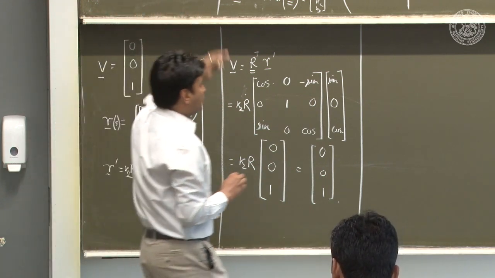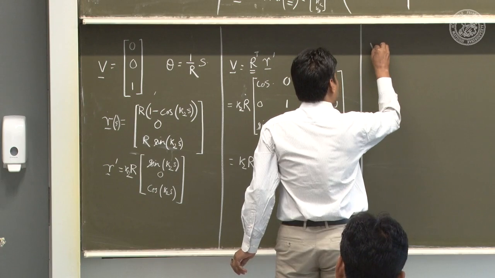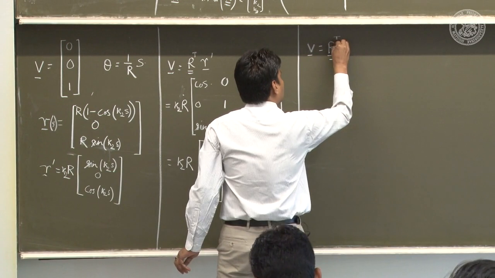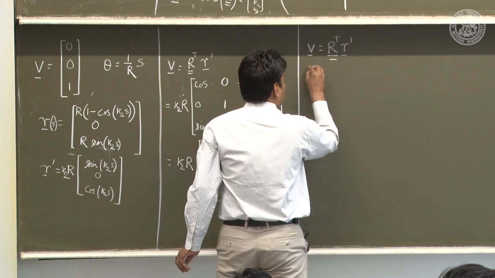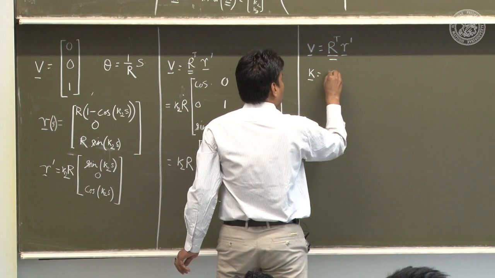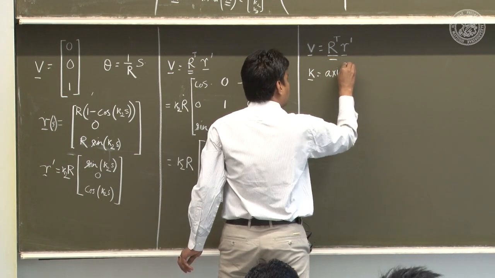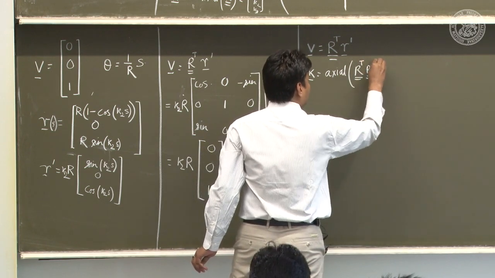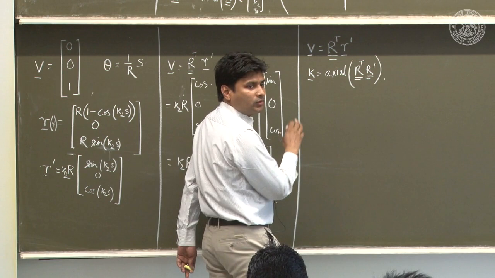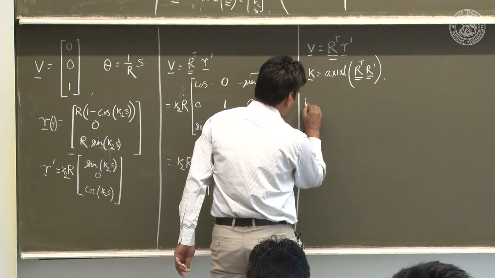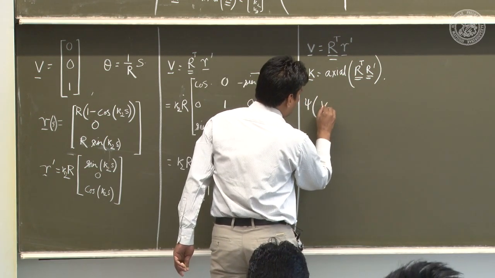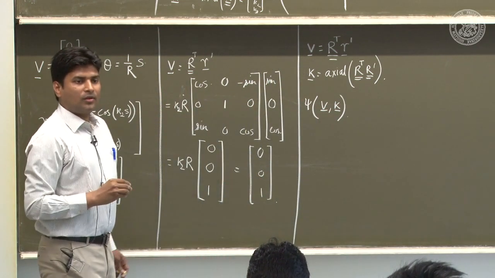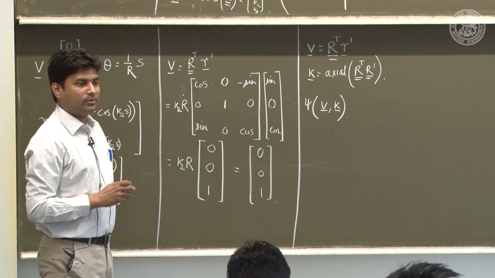We have introduced two strain measures: V equals big R transpose little r prime, and K equals the axial vector of big R transpose big R prime. Your strain energy then depends on these strain measures V and K. These are objective strain measures, frame indifferent.